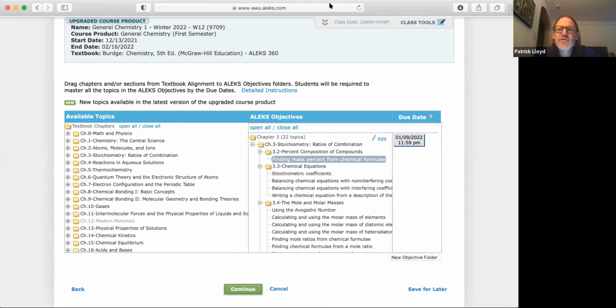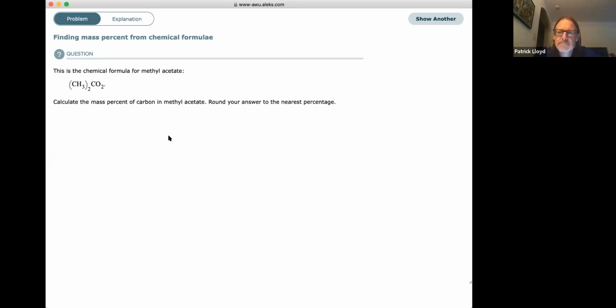Okay, so let me bring up the first type of problem. Here we go. Finding the mass percent from chemical formulae.